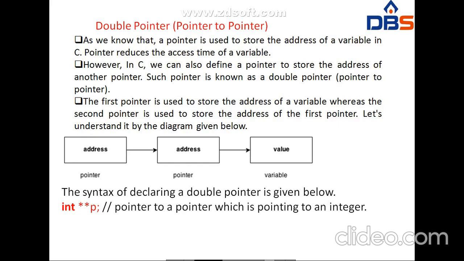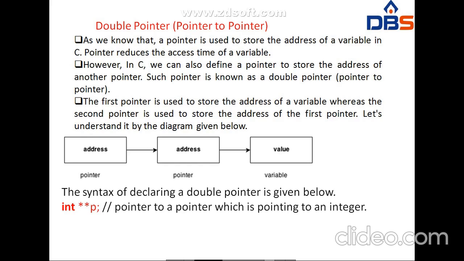So if you see here, totally address and value. This shows the double pointer, a pointer to pointer. Here we have the first pointer, second pointer and variable. The first pointer stores the address of the variable, whereas the second pointer is used to store the address of the first pointer.